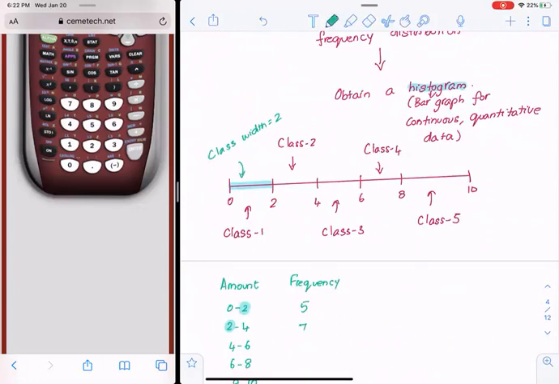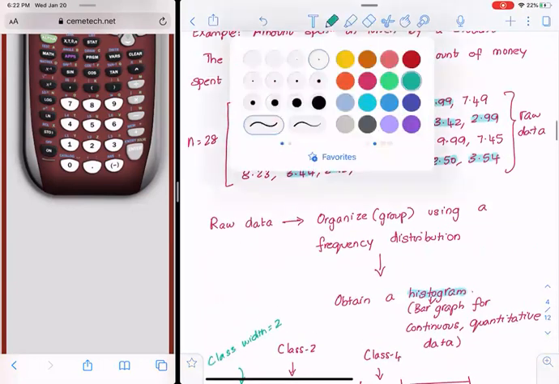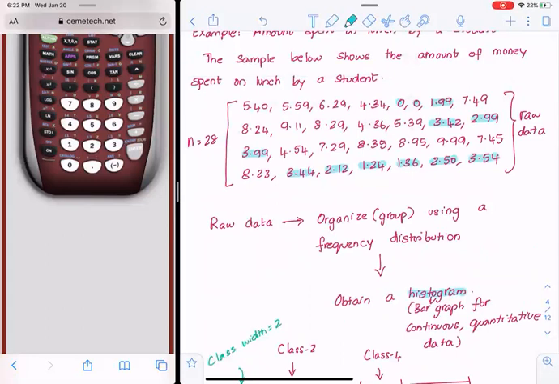Then we look for observations between 4 and 6. 1, 2, 3, 4, 5, 6. I believe that's it.